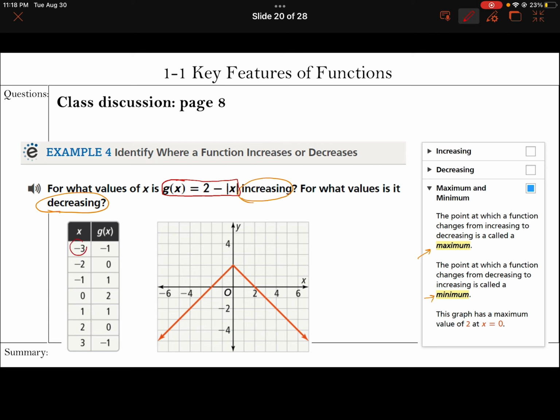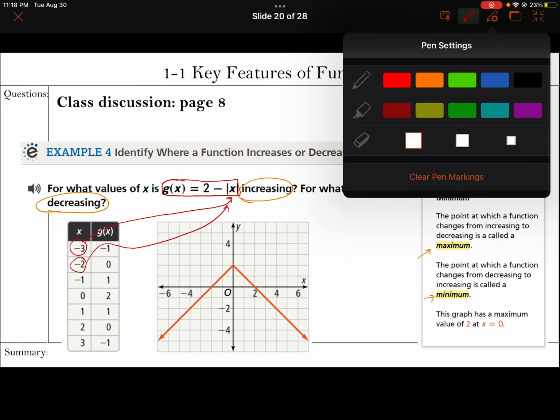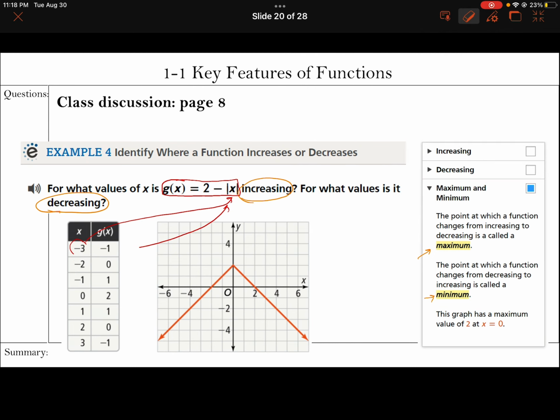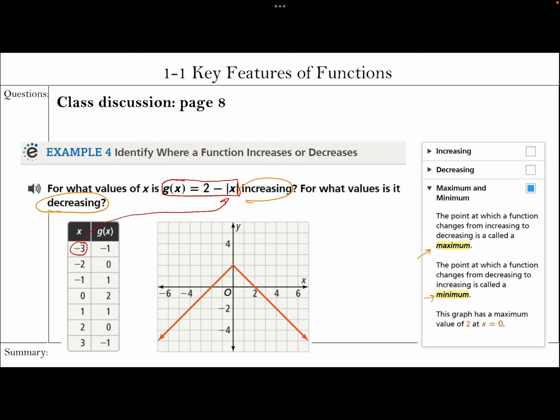And then you just plug in your -3 into your x, -2 for your x, to find your y value. If you need your calculator, go ahead and get it for this portion. So all I did was plug in -3 in here, and you should get a result of -1.